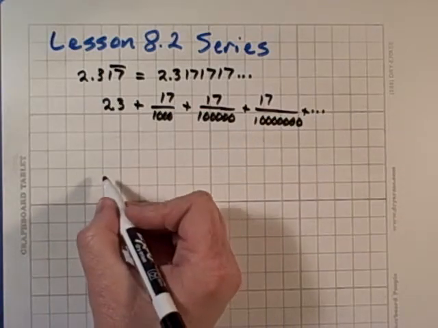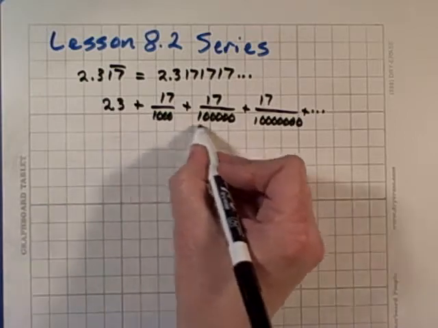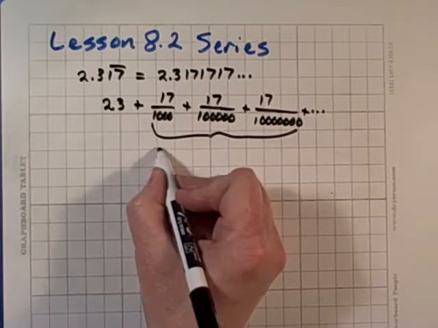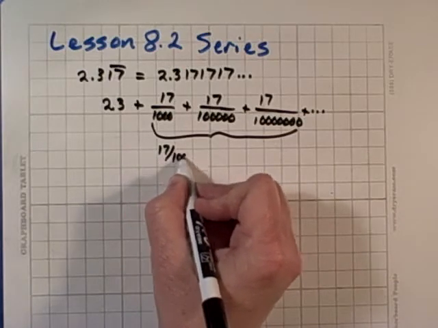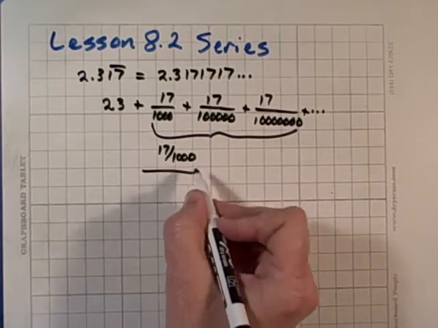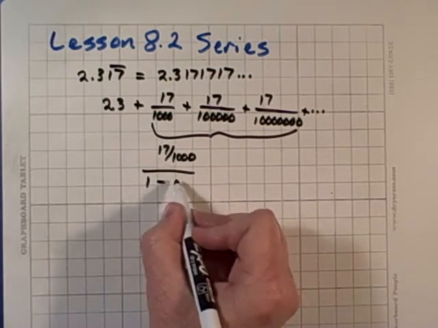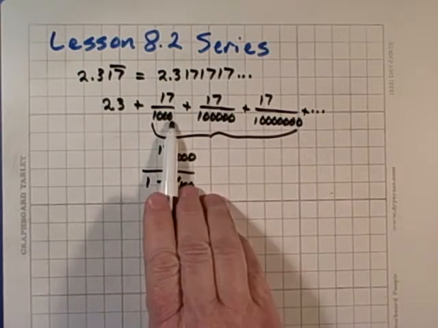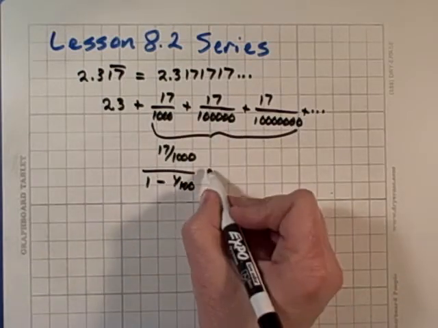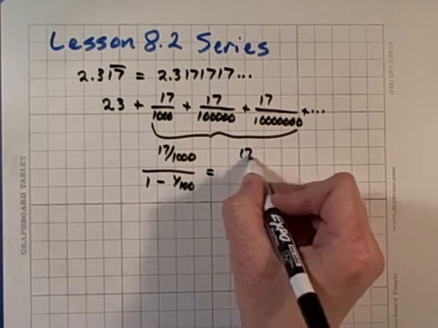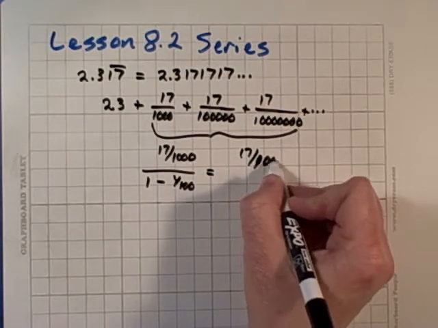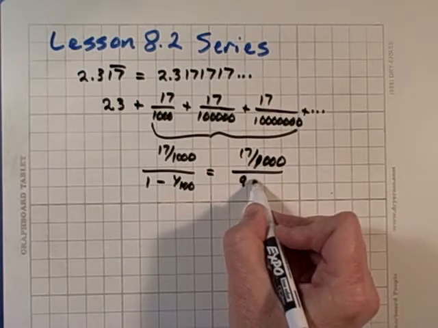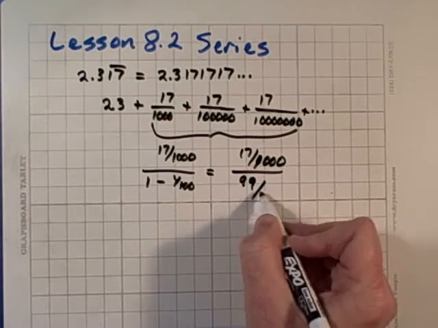We can recognize that the infinite repeating part is geometric. First term being 17 over 1,000. The common ratio being 1 over 100. Each time we tack on a couple more zeros, we get 17 over 1,000 divided by 99 over 100.